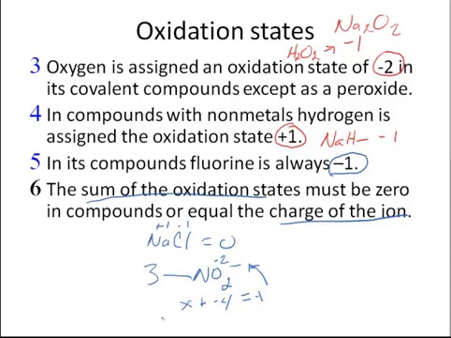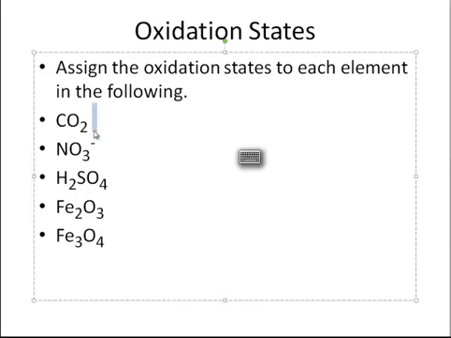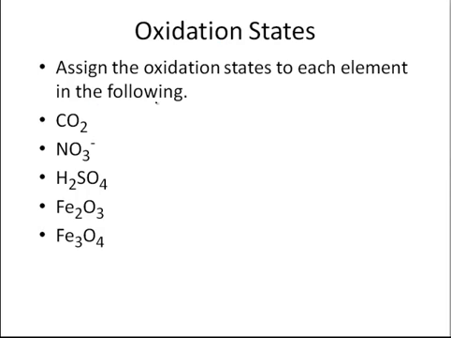All right. So let's put a couple compounds up there and see if we can figure it out. Assign the oxidation state to each element in the following. Well, oxygen is -2. Now think about this. If oxygen's -2 and we have 2 of them, that gives us a total of -4. What plus -4 equals 0? So carbon in that situation has to equal +4, right?